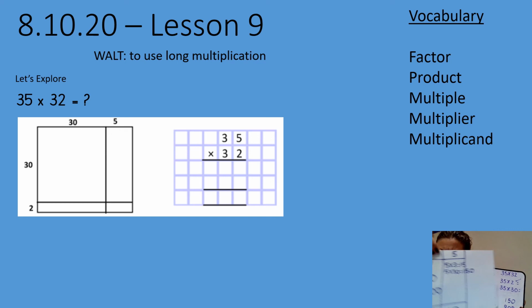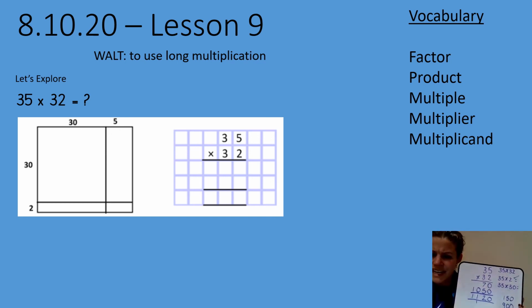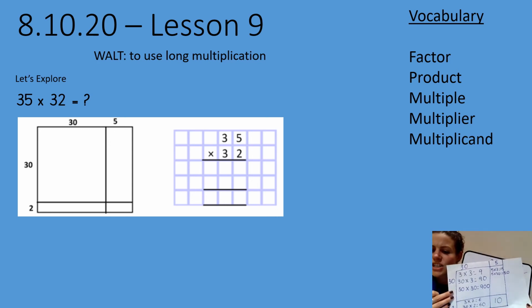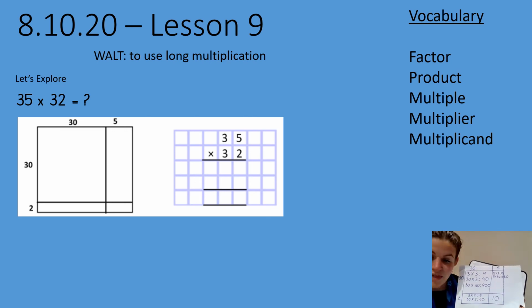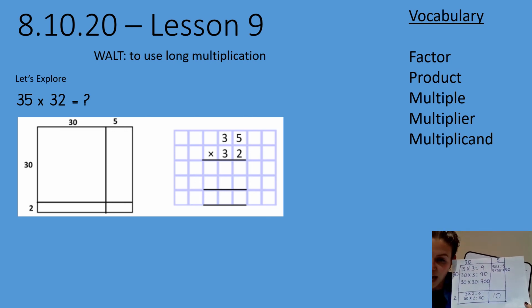If you feel really confident using the grid, but when you get to here everything goes wrong, at least you'll know, actually I know how to multiply, it's just the method that I'm unsure on how to use. And you can add up each of these totals, so you would add the 900, the 60, the 150 and the 10 to be able to get your product, and you can almost use this as a checking tool.